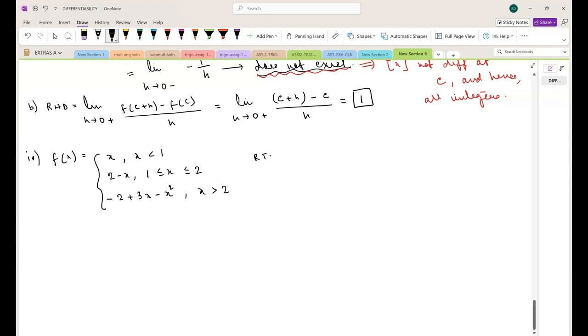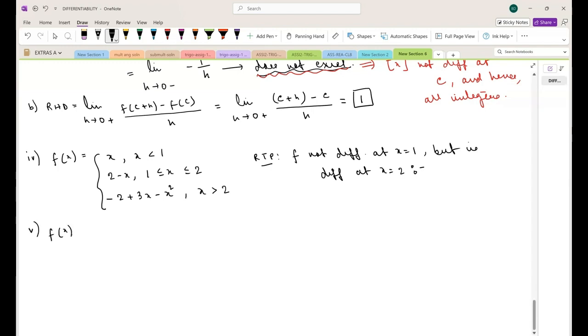You have to show that f is not differentiable at x equal to 1 but is differentiable at x equal to 2. You have to show this. So I'll leave this as an exercise for you, and if you have any difficulty you can let me know, then I can discuss it further.